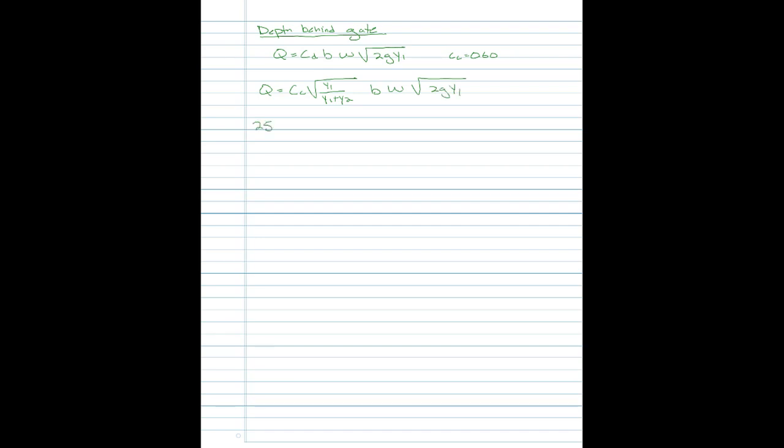So we know that the flow rate is 25 cubic meters per second. The coefficient of contraction is 0.60. We don't know the depth of the water upstream of the gate, but we do know that after it has contracted, the water depth is, as I calculated this previously, 1.022.